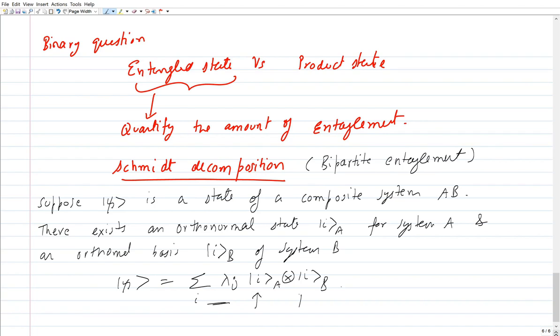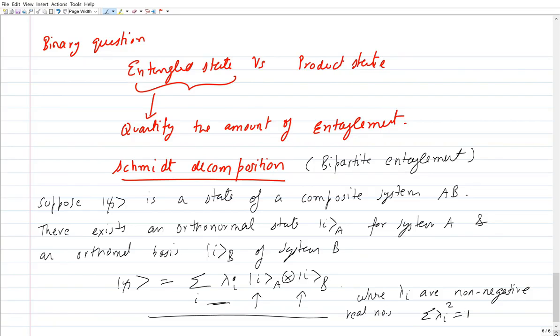In other words, notice I'm using the same index i, and that's essentially the idea that any state can be expressed in this particular form, where index i_A is the basis on subsystem 1 and index i_B is the orthonormal basis on subsystem 2, and where lambda_i are non-negative real numbers satisfying a normalization condition.